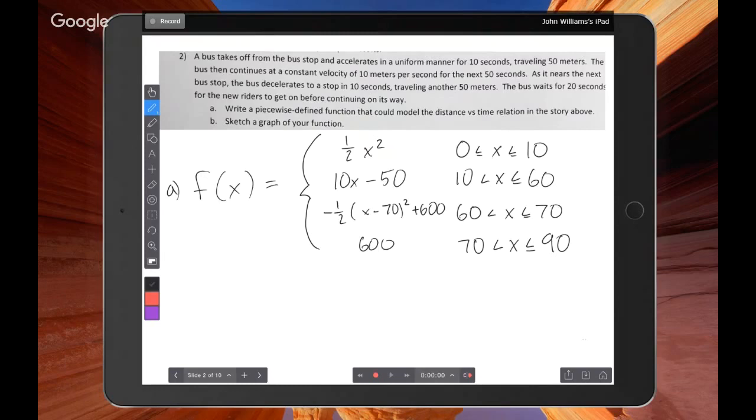Interesting. Well, I don't hear any questions on A, so let's do B. Sketch a graph of the function.